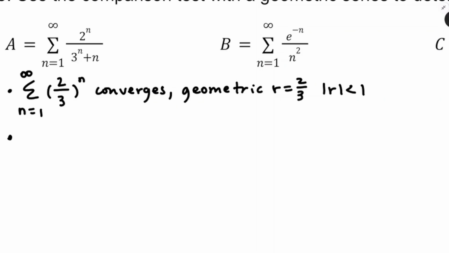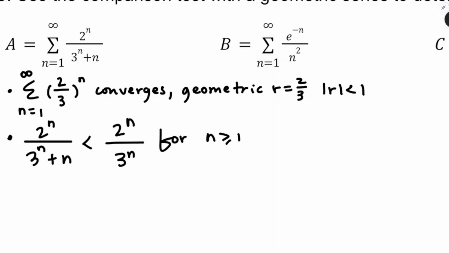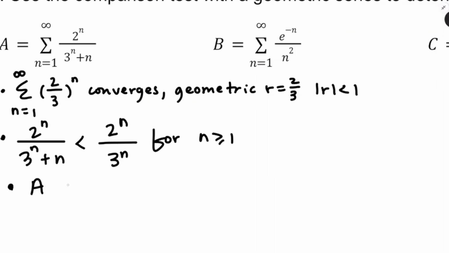Then I need an inequality, so I need really my terms. Oh yeah, I see why that would be the case, because it's addition, are smaller than the terms of a. So that would be 2 to the n over 3 to the n, right? Because I've added that number to the denominator for n greater than or equal to 1. As a result, a also converges.